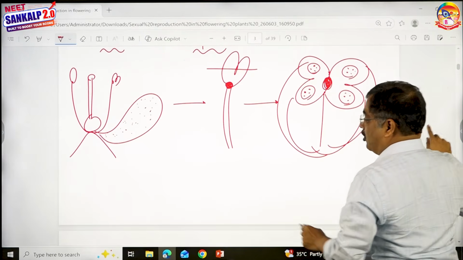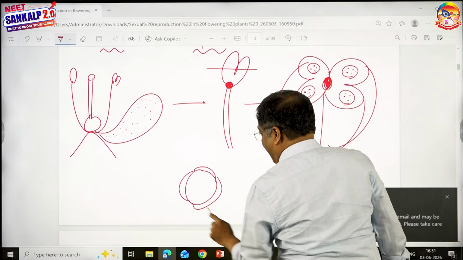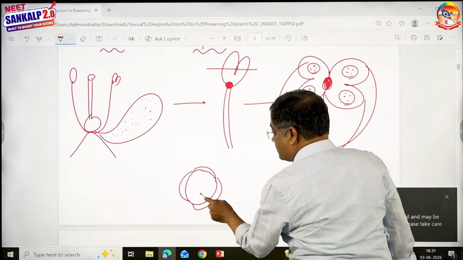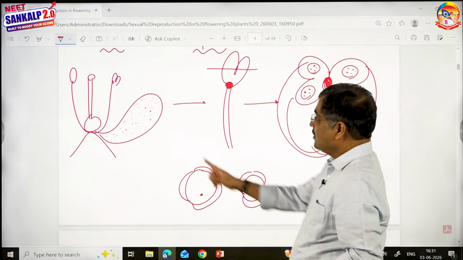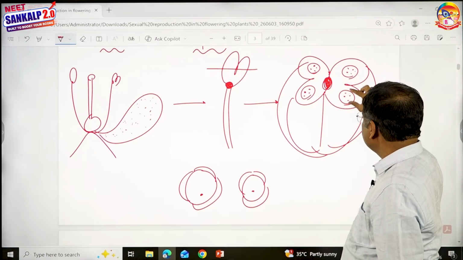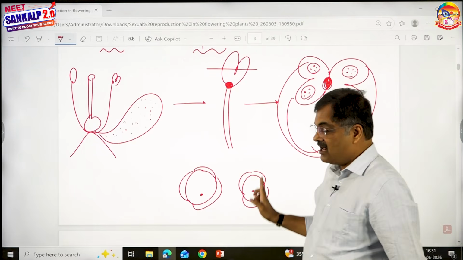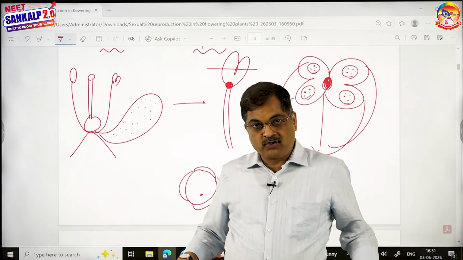And this is a spore which is produced, which is said to be the microspore. And these are the spores which get liberated. Sporophyte, sporophyll, sporangium, spore mother cell, and spore. So easy to remember. It is turning out to be easy.